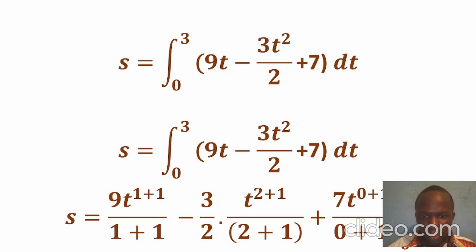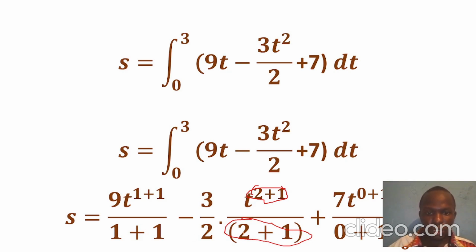Now the trick here is whatever you get here, just drop it down here. 2 plus 1, then 2 plus 1 is 3. 3 times 2 is 6. 1 plus 1 is 2. So that's 9 over 2, 3 over 2 times 1 over 6.